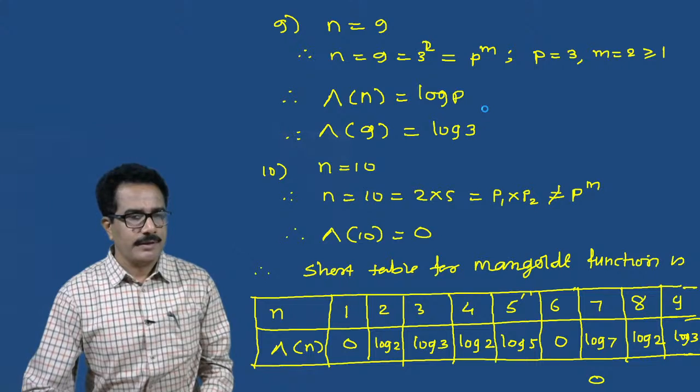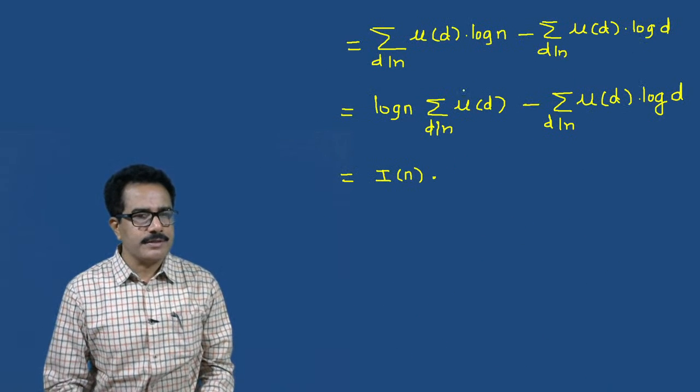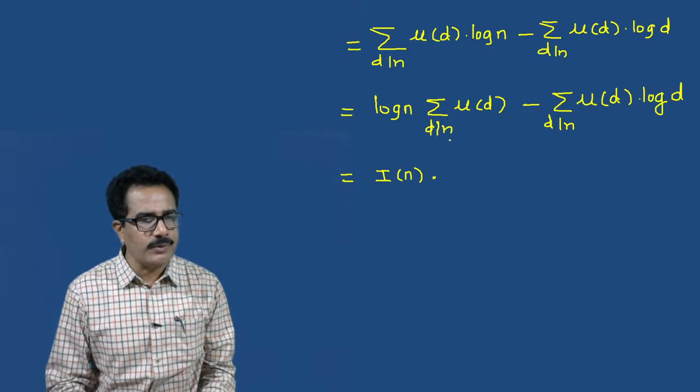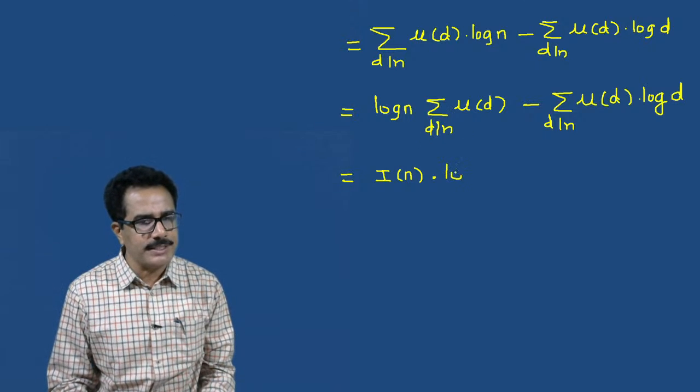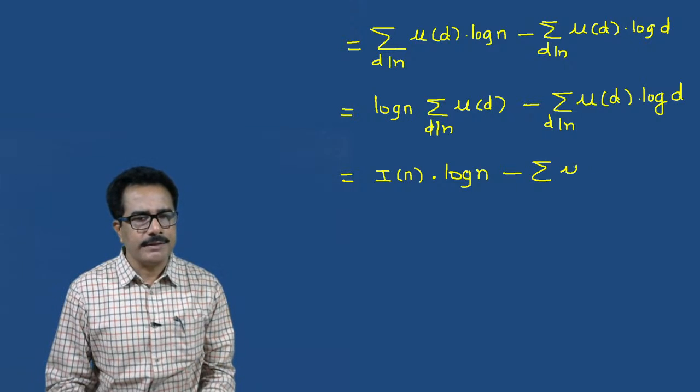So use this: summation over mu of d is equal to I of n, as it is, into log n, minus summation of mu of d into log d.